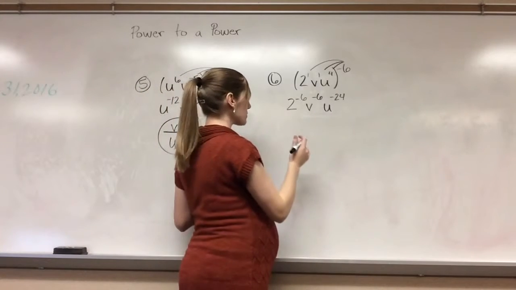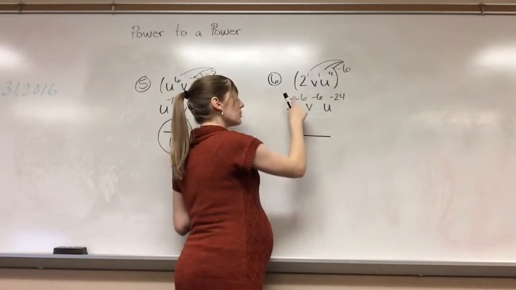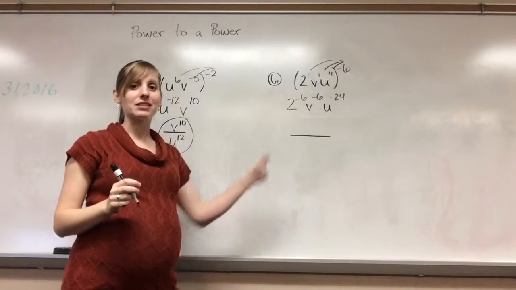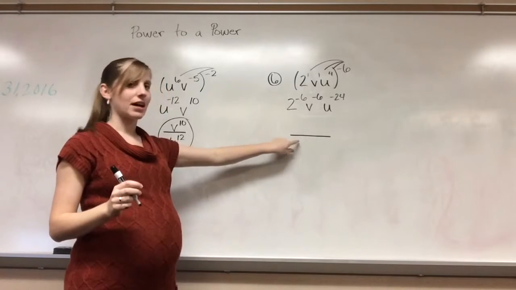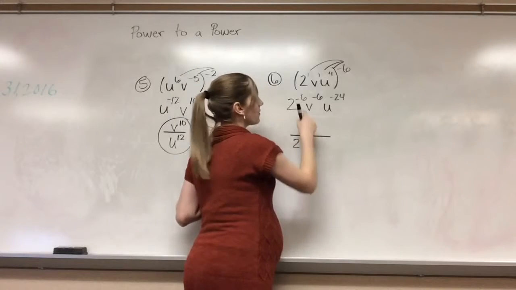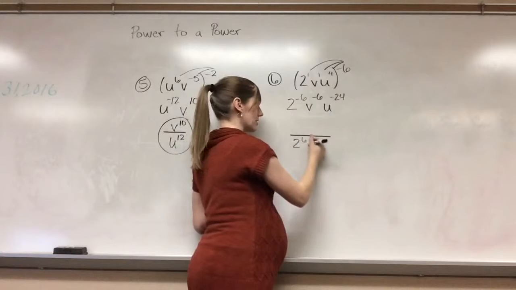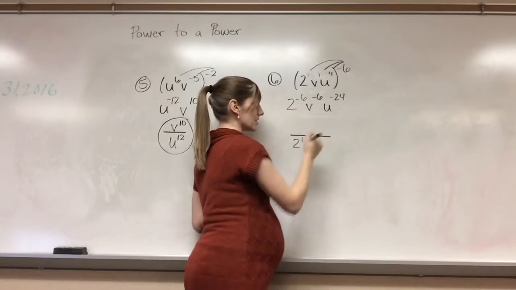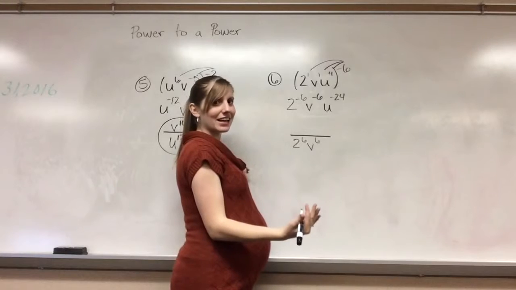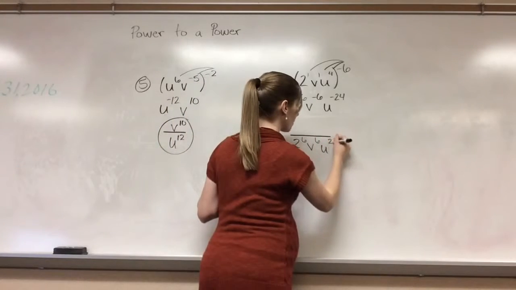So all negative exponents go to the denominator of the fraction. 2 to the negative 6th power is a negative exponent. That means that 2 belongs in my denominator as 2 to the 6th. V to the negative 6, again, another negative exponent goes to the denominator as v to the 6th. U to the negative 24th, another negative exponent needs to go to the denominator as u to the 24th.